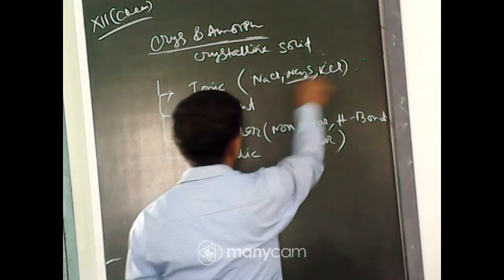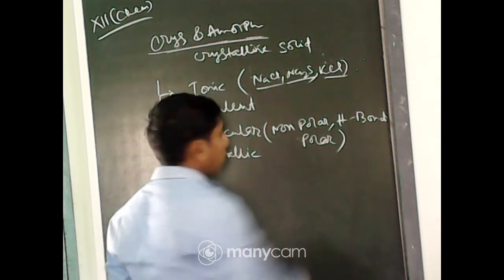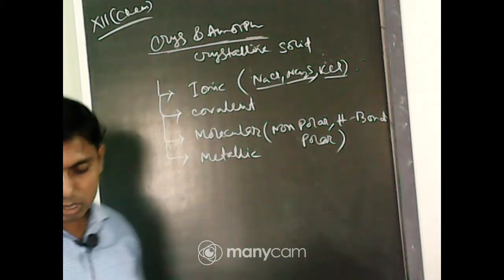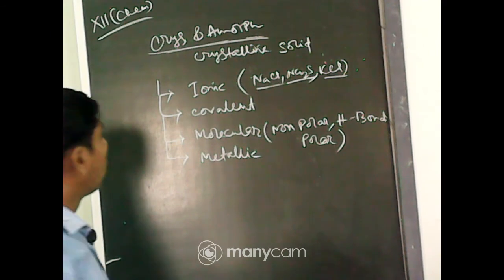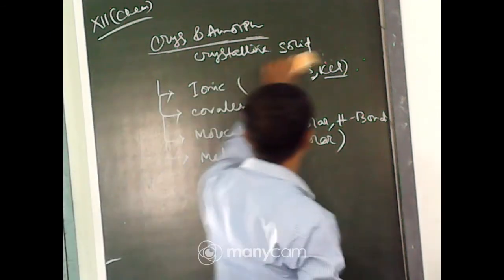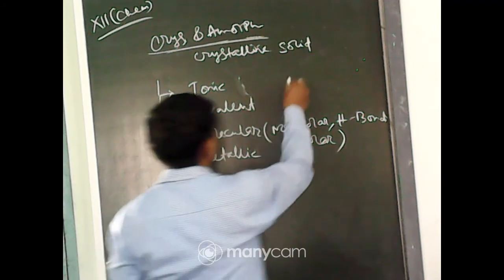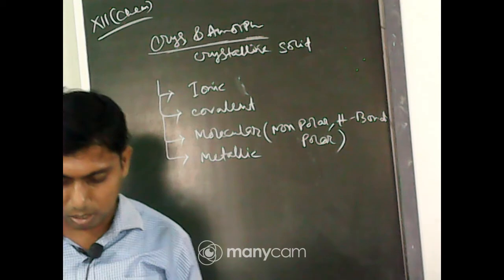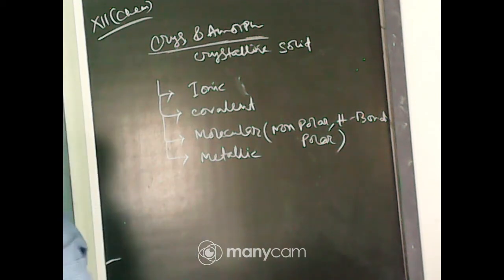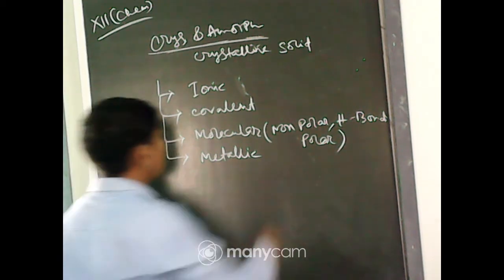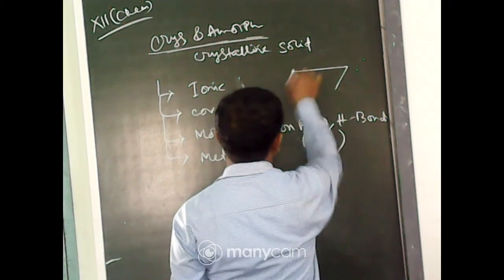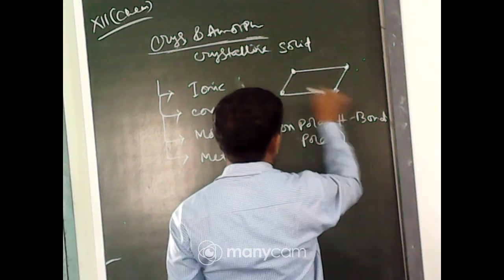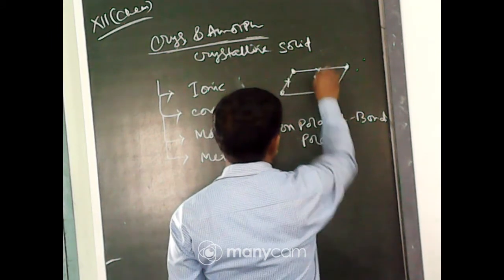You can see that here 2 kinds of particles, cations and anions, are there, and if you see one crystal of sodium chloride, there is a regular arrangement, and in between 2 chlorine there is 1 sodium. I am drawing one face of it.